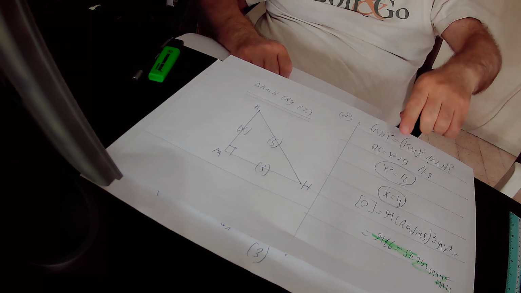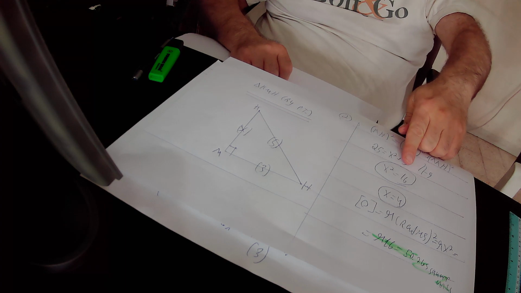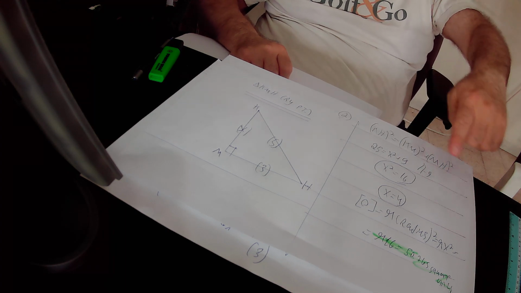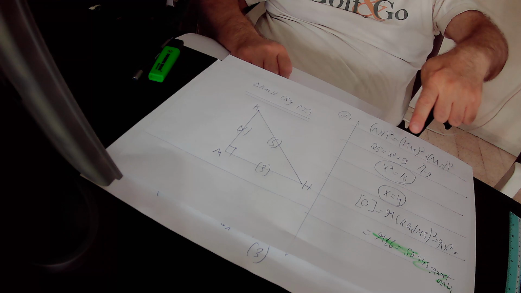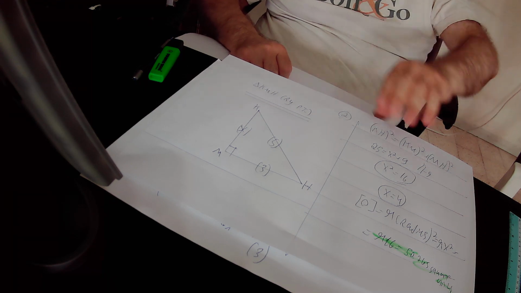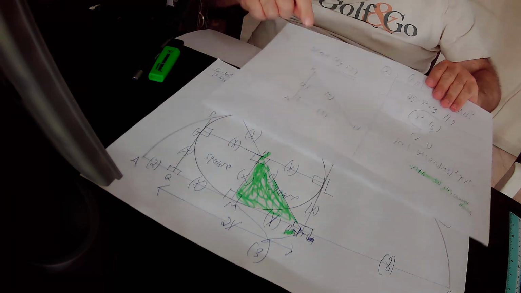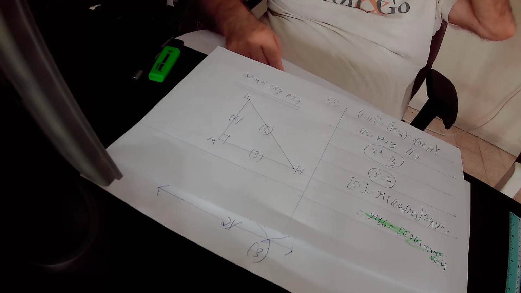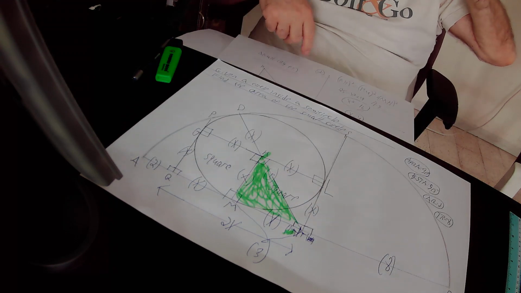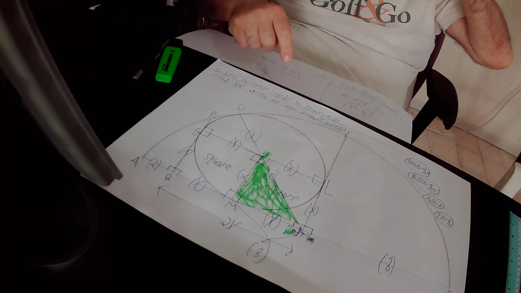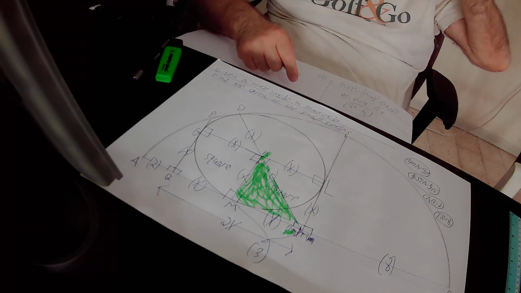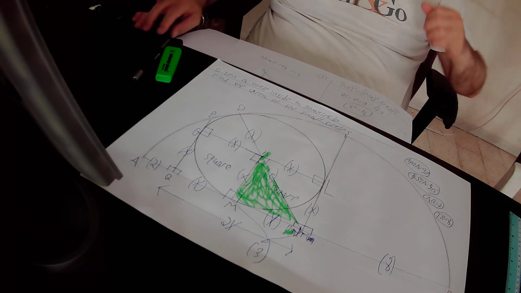But we just found that X squared equals 16, so we can substitute X squared by 16. In total, the area of this small circle equals either 16 pi square units, or in terms of numbers, 50.265 square units. Okay, thank you very much.